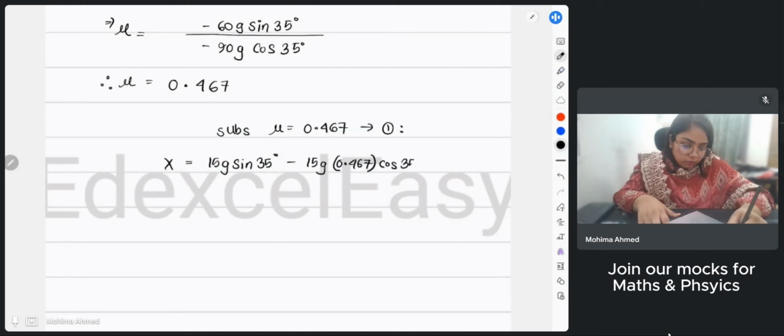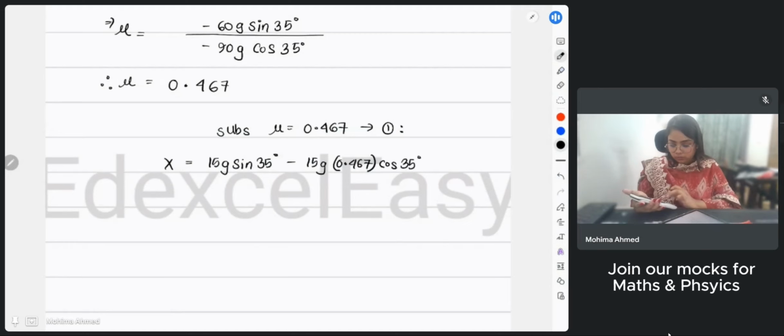Okay, now which is 15 multiplied with 9.8 sine 35 minus 15, 9.8, 0.467 multiplied with cos 35, which is approximately 28.1. So not degrees, 28.1 Newton for the value for x.